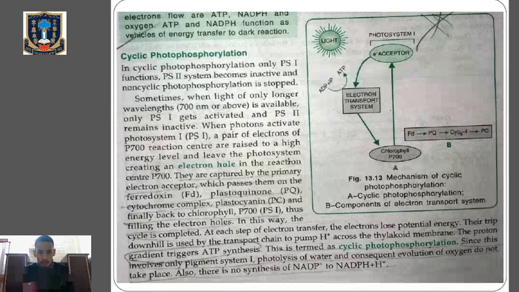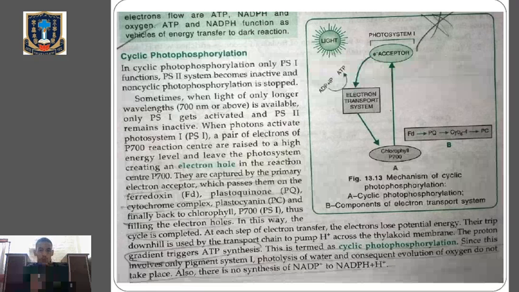So whenever light having a longer wavelength of 700 nanometer or above is available, then PS1 gets activated, because PS1 receives light having a wavelength of 700 nanometer. In this case PS2 will become inactive.